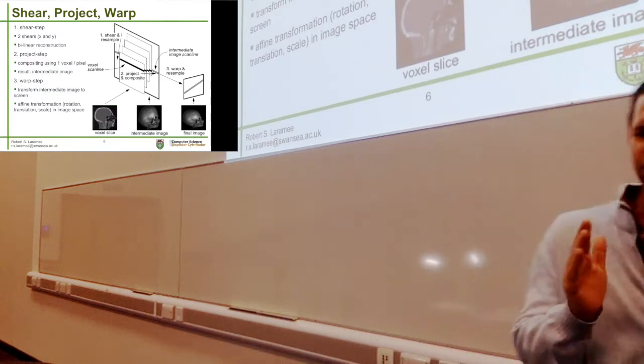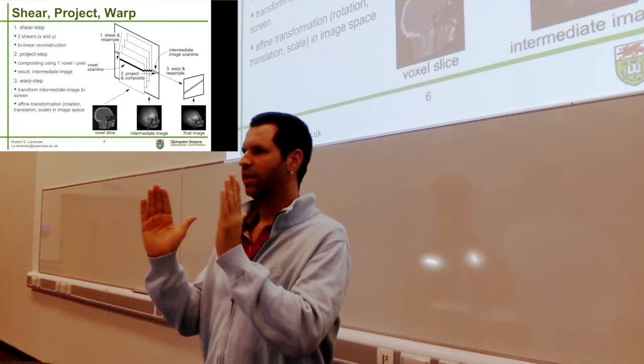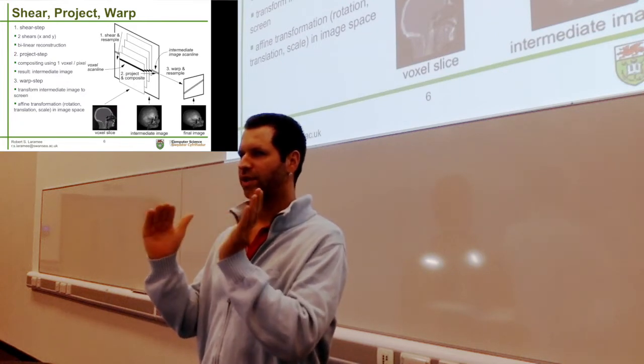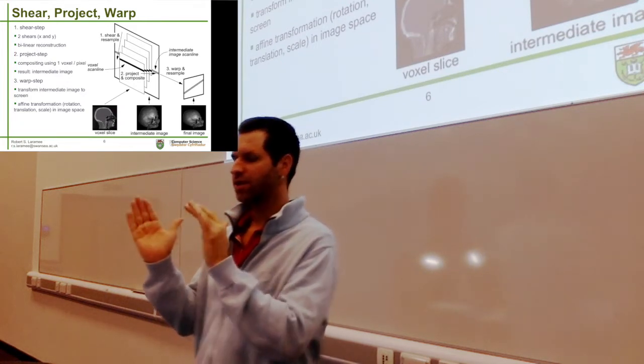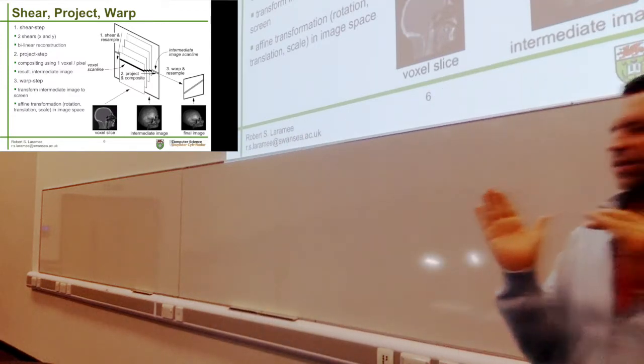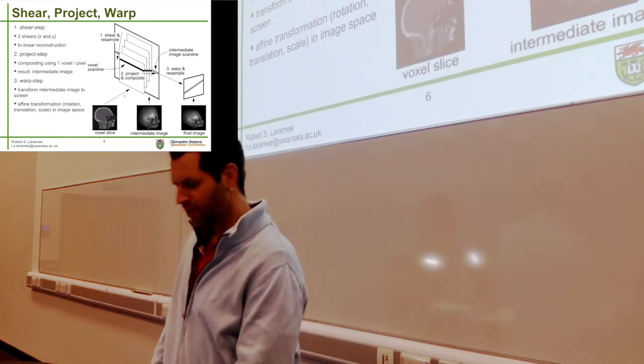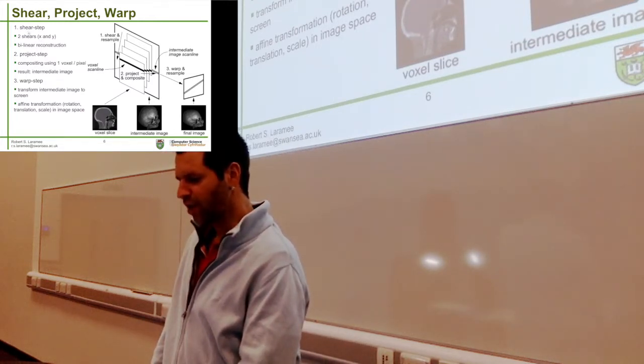But you can imagine sort of leaning the cube in different directions, right? That's called shearing the cube, or shearing the slices. So the first step is shearing, or translating those slices in the X and Y position.